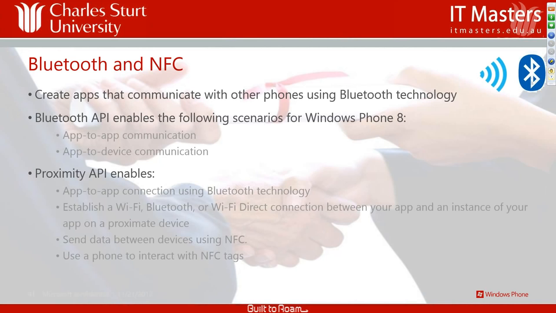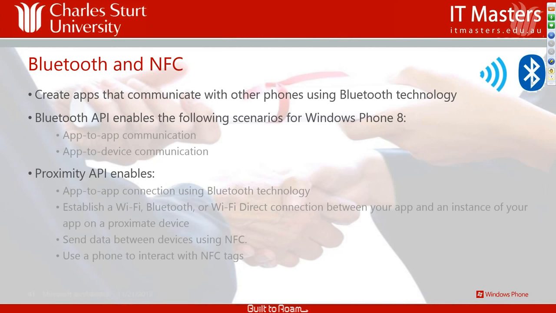The NFC or proximity APIs, one of the fundamental uses there is to establish that app-to-app communication across Bluetooth or across Wi-Fi. Just a note here is that Wi-Fi Direct can't be used on Windows Phone 8, but it is available obviously for Windows 8 applications. We can still use infrastructure Wi-Fi and Bluetooth for app-to-app communication.